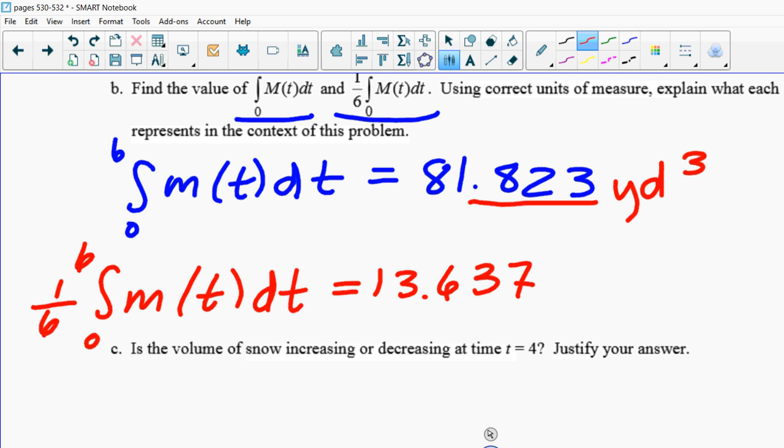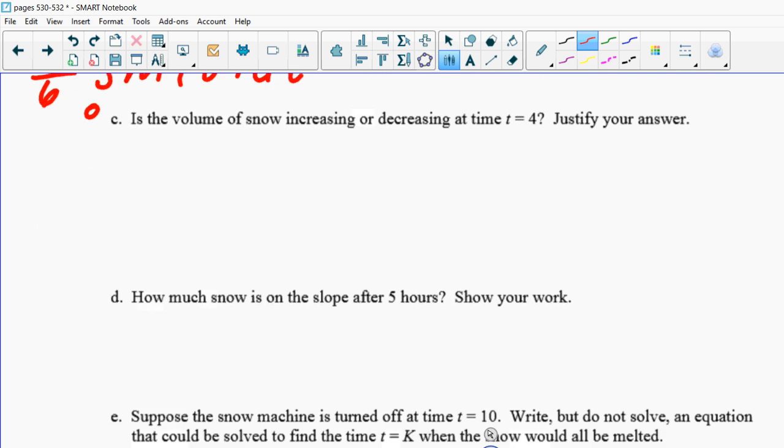Now we have got to get through this piece right here. Is the volume of snow increasing or decreasing at time t equal 4? How do you determine if something is increasing or decreasing? You take its derivative and see if the derivative is positive or negative.